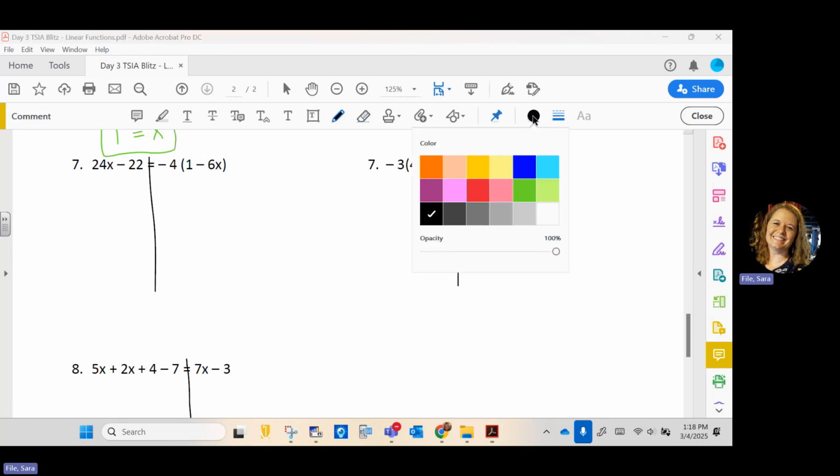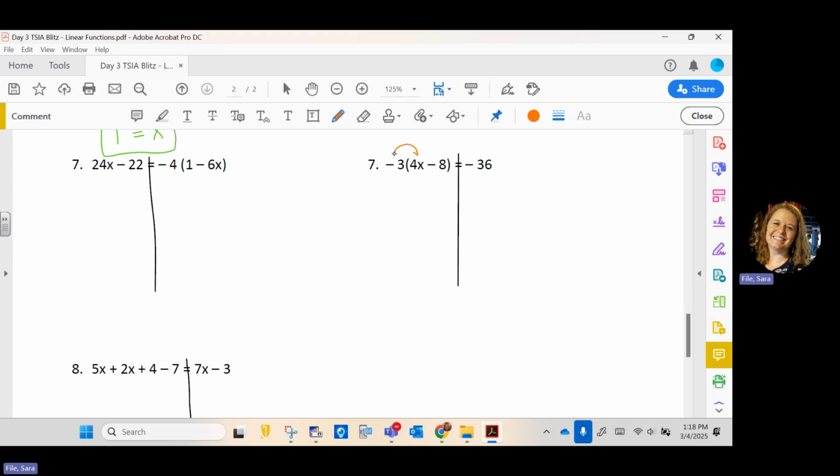So on the left side, I can simplify by distributing to get rid of these parentheses. So that becomes -3 times 4x is -12x, and -3 times -8 is +24. So I end up with 24 equals -36.